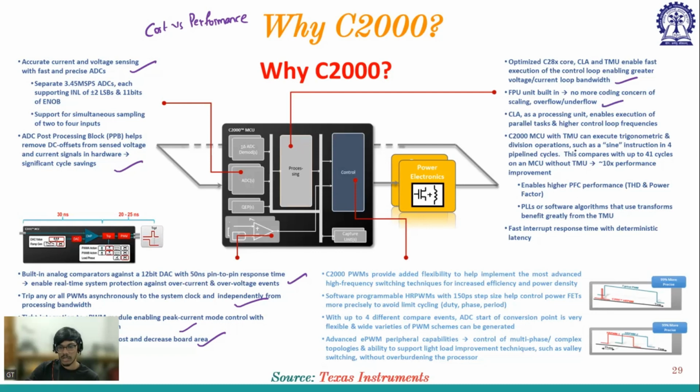And then they have the TMU, the trigonometric math unit. If your application does not use trigonometric things, then you will not be using it. But say your application needs trigonometric computations, say sine, cosine, tan, then you will choose a microcontroller which has been optimized for trigonometric math.